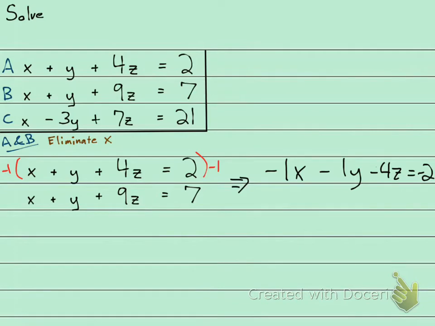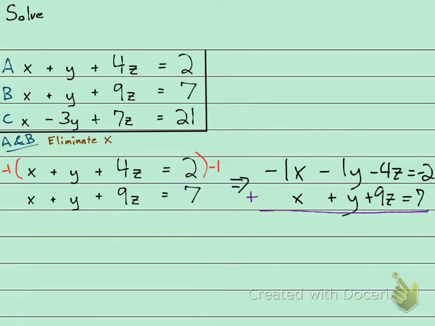My bottom equation is just going to come over like it is: x plus y plus 9z equals 7. Now I should be ready to add these two equations together and have my x's eliminate.